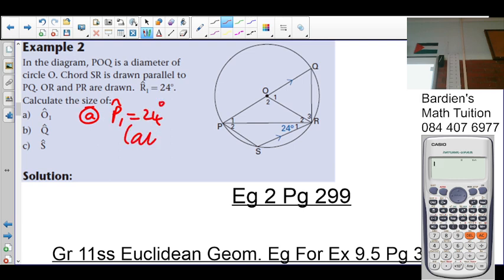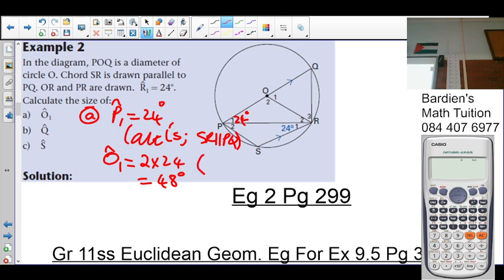It's alternate angles with SR being parallel to PQ. Then O1 is double that. So O1 is 2 times 24, which is 48 degrees. Why? Angle at center is equal to 2 times angle at circumference.